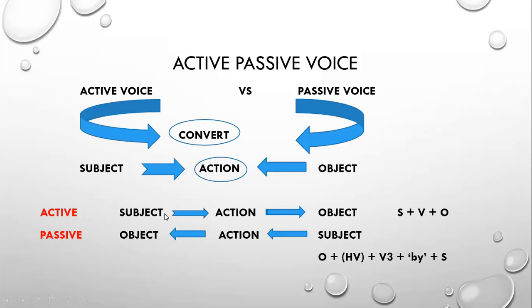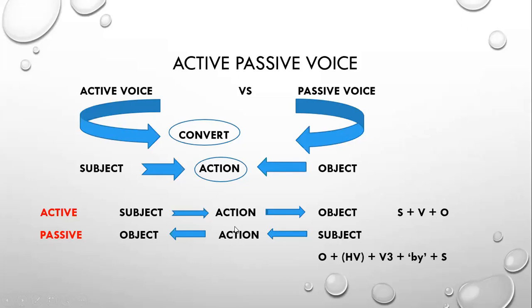In 90% of the cases we use active voice, and the sentence structure of active voice is subject, then verb, and then object. It is a very simplified structure where we put the subject in the beginning, then the verb, and then the object. But sometimes we use passive voice also, where the action is done on the object by the subject.